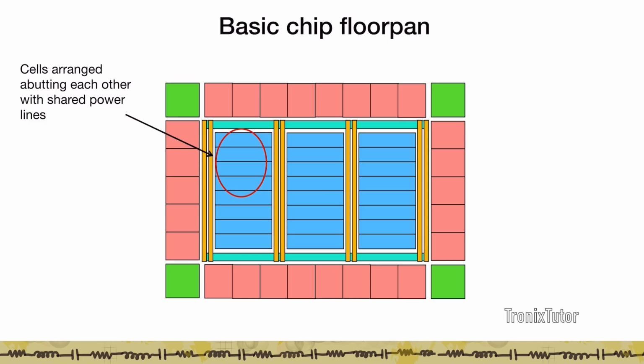These cells are arranged abutting each other such that VDD and ground lines are shared between adjacent cells. That way you end up saving area, because ultimately the goal is to make this design as compact as possible. One, that reduces the cost of fabrication, and two, that also reduces the probability of having long lines in your design. Long lines mean larger delays.